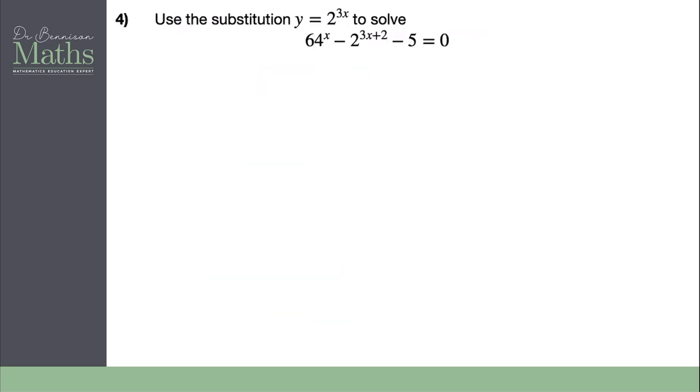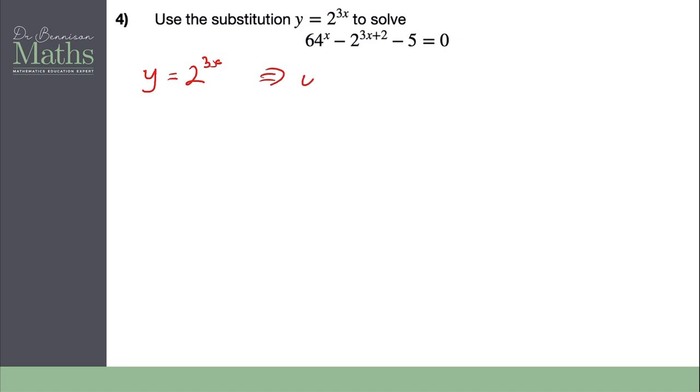The final example for this sheet is this one that looks a little menacing, but let's give it a go. We are told to use the substitution y equals 2 to the 3x. Quite often these boil down to disguised quadratics. So if I start with y equals 2 to the 3x, what do you think y squared looks like?